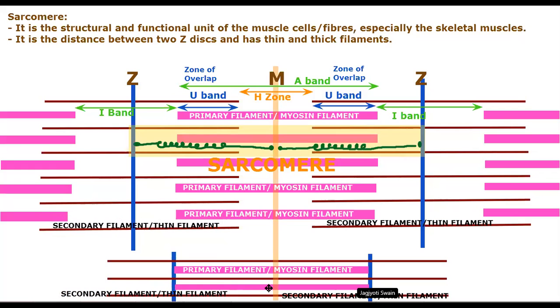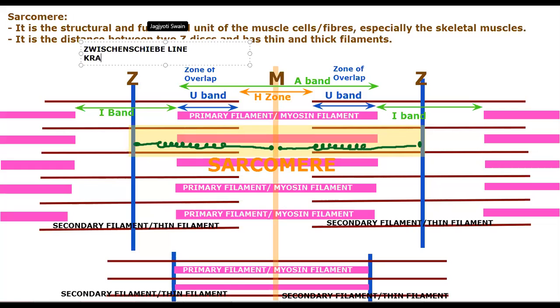Myosin was produced first. Now, so this is called the Z line. Okay, so we call this the Zwischen Schiebe line. Okay, this is also called Zwischen Schiebe line.